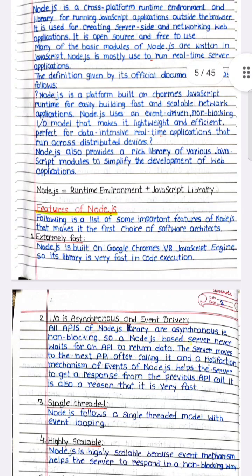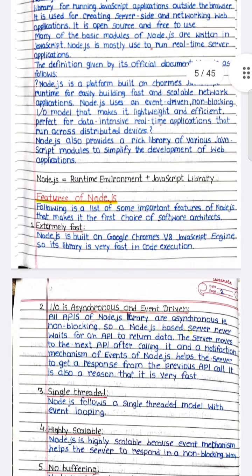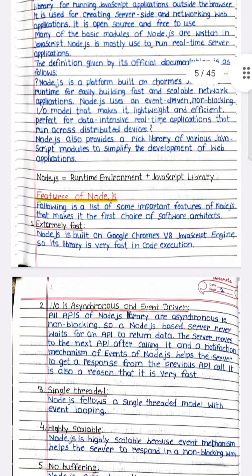One is a front-end framework, like Angular, React, HTML, CSS. And one is a backend. Backend means a database, where we are using SQL, MySQL, and Oracle database.